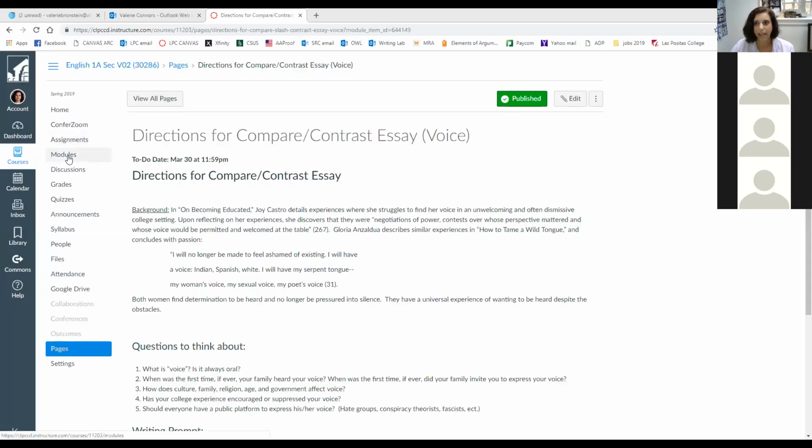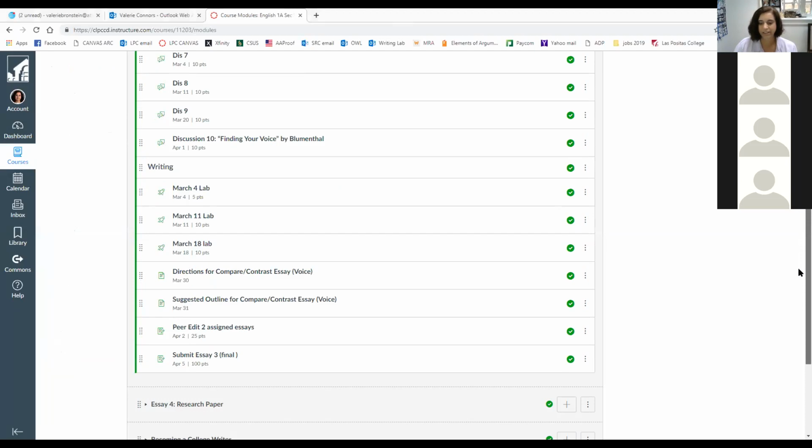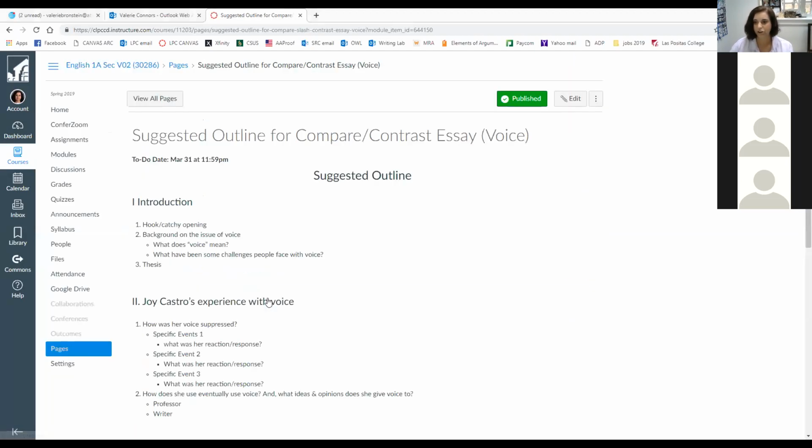Okay, so now I am going to share my screen once again of Canvas. I'm going to jump back to Canvas, and I am going to go to Modules, and once again look at the suggested outline for the compare and contrast essay.